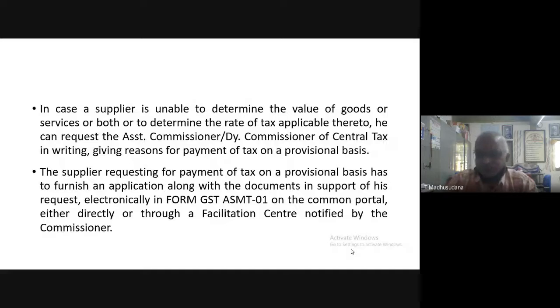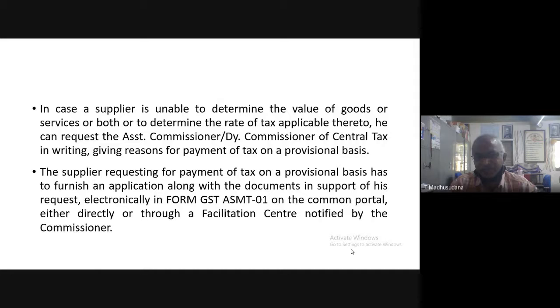So the provisional assessment always starts, that means unless the supplier requests the GST officers in writing by application, they cannot carry out provisional assessment.